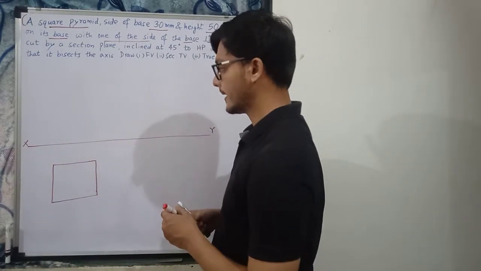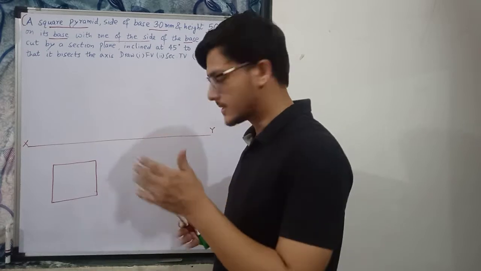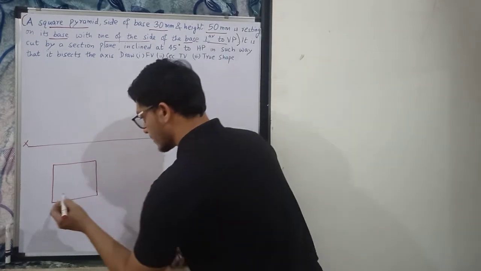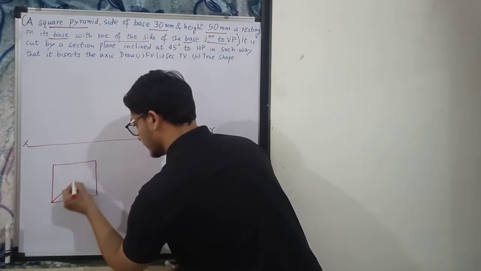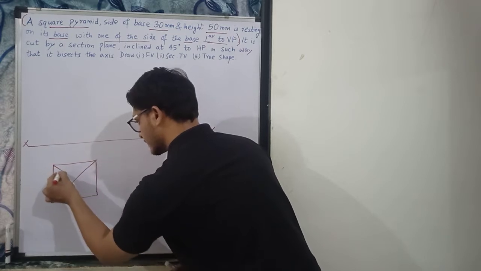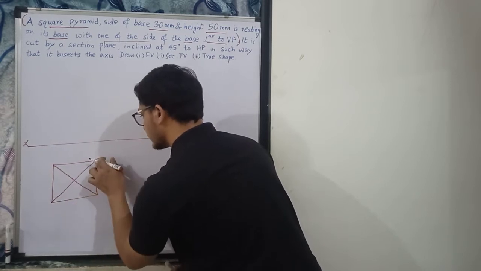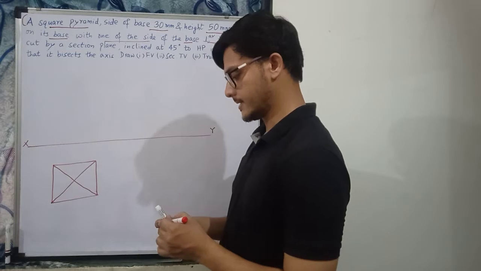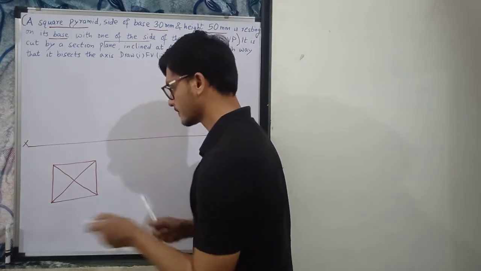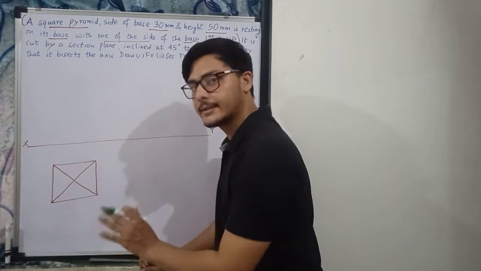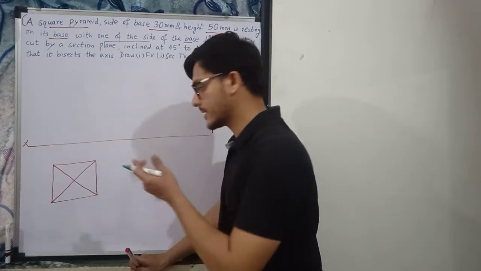So this is clear. It is a pyramid, so it will have four slant edges. Let's join these. These are the four slant edges. Keep them open. First keep everything light, then darken after the section is done.